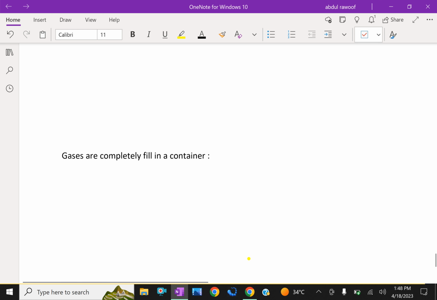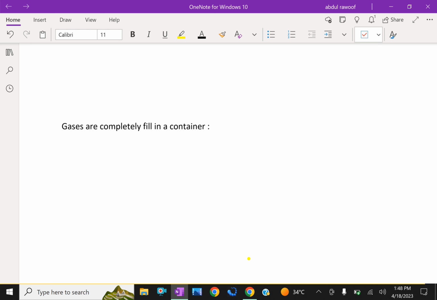Next, gases completely fill a container. Even a small amount of gas, if you put it in a container, occupies the full volume. A solid has a certain shape and volume. A liquid has a certain volume but takes the shape of the lower part of the container. In contrast, a gas completely fills the container.